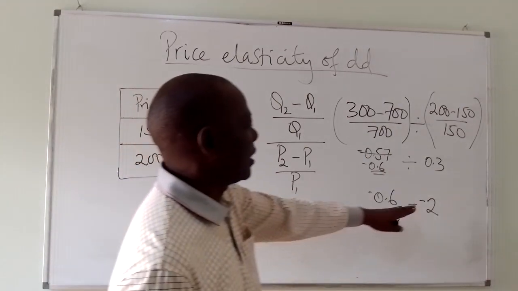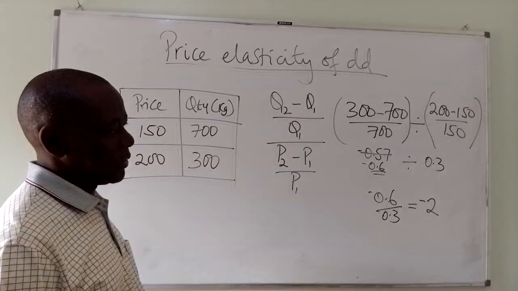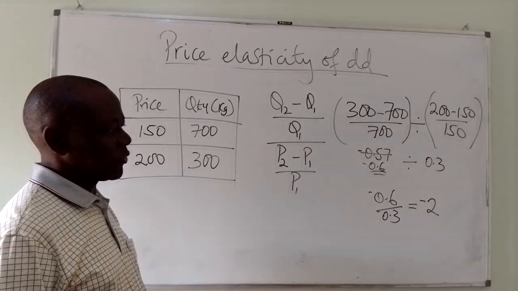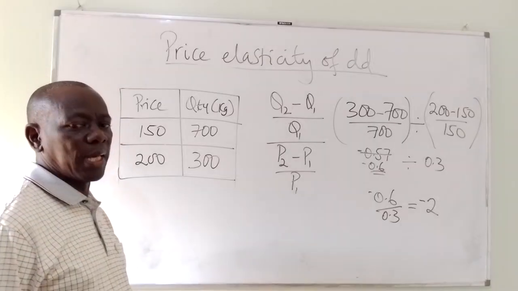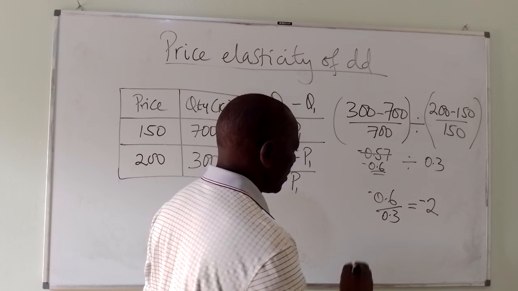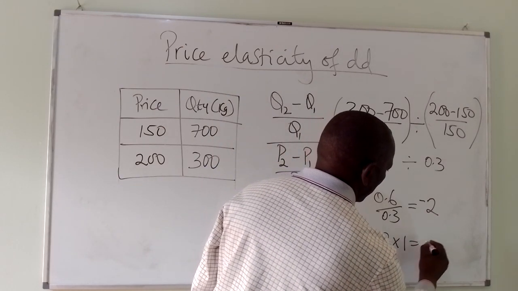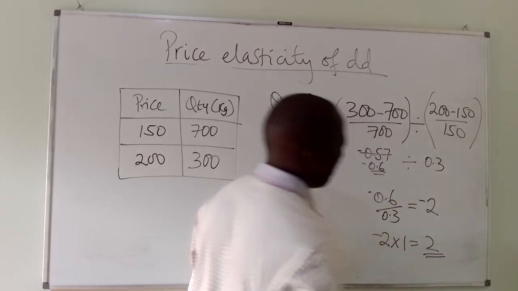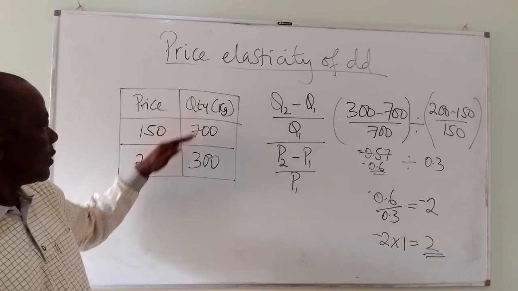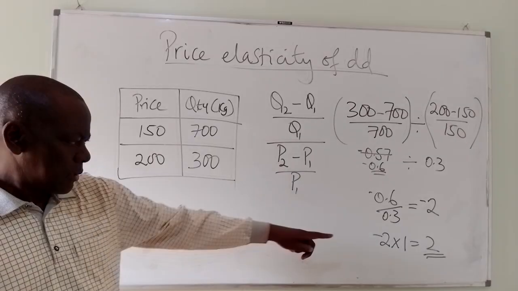Now, if you get negative 2, we go by our instruction that elasticity cannot be negative. So since we have got a negative figure and we are presenting elasticity, we multiply negative 2 by negative 1 to give you 2. So the price elasticity of demand for this table, or for this demand, is 2.